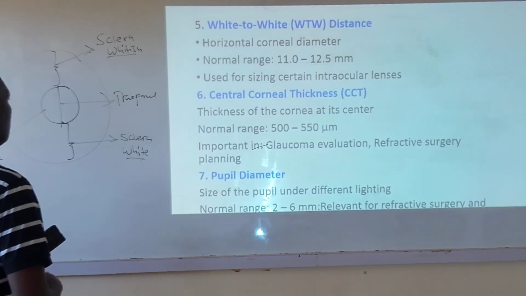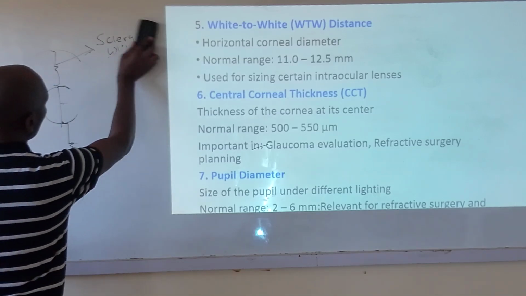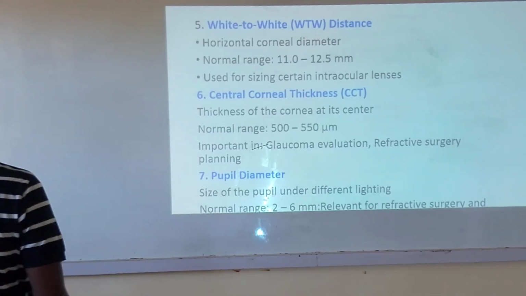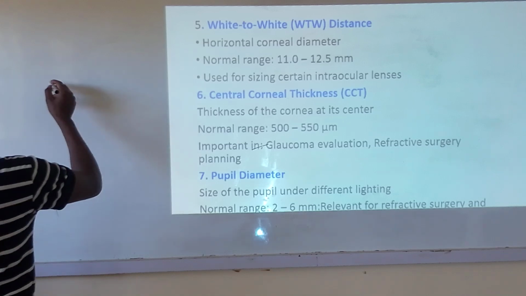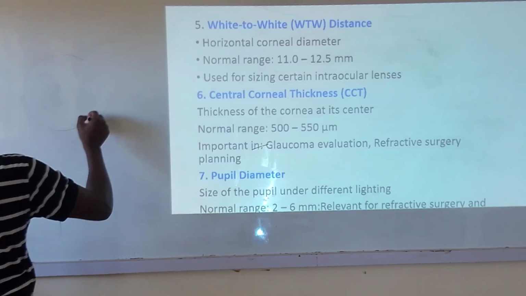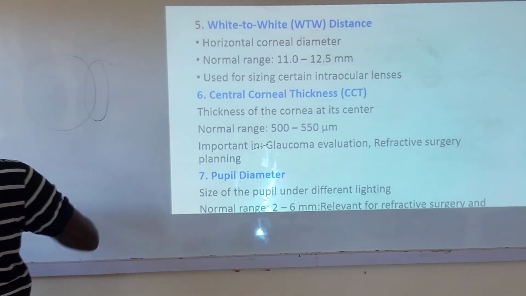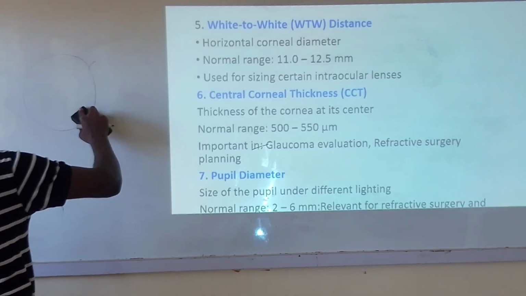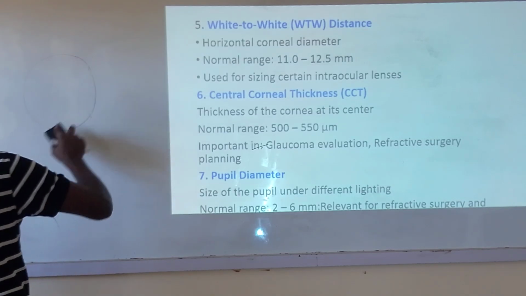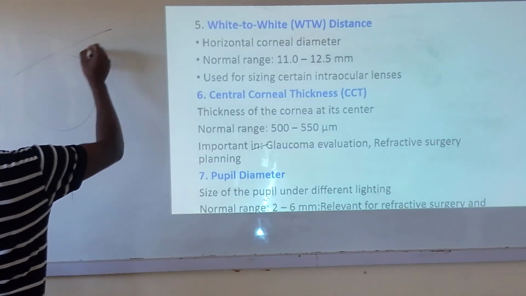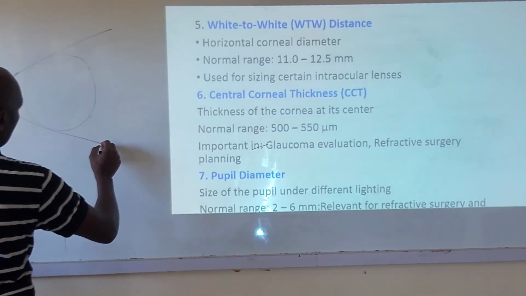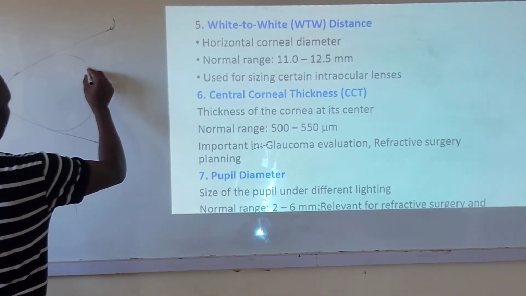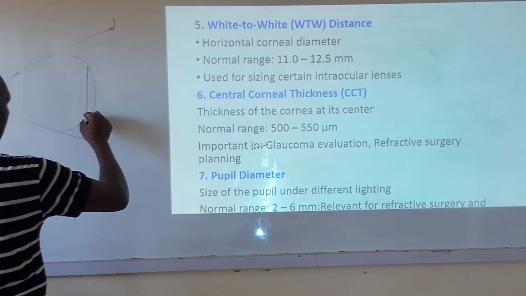At the center of the cornea, it is also another aspect that is normally measured. If this is your eye, with the upper eyelid and the lower eyelid there, and this is your cornea around here.